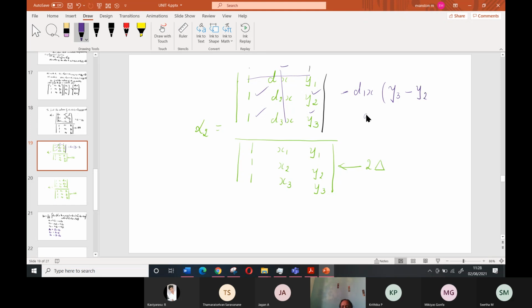When I take the minus sign inside, we will get y2 minus y3. Is it correct, Jagan? I think you have forgotten to put this negative sign. Yes, ma'am. So you should not forget the minus sign.